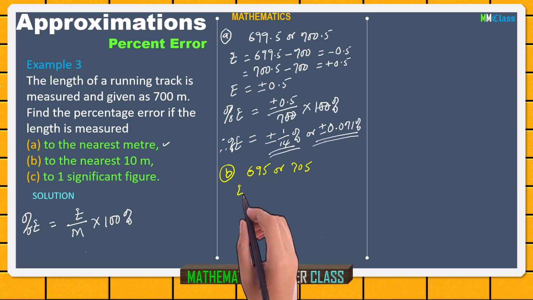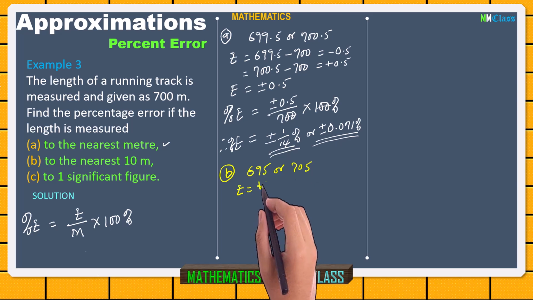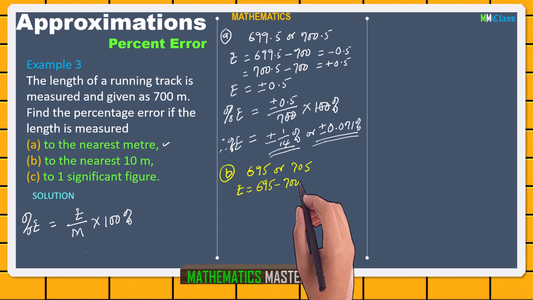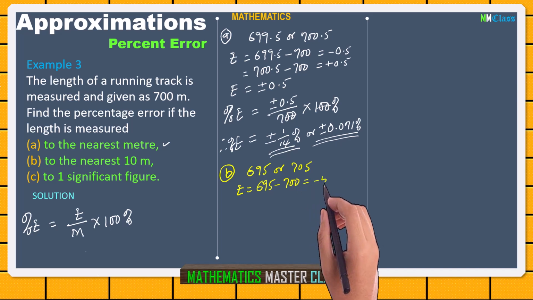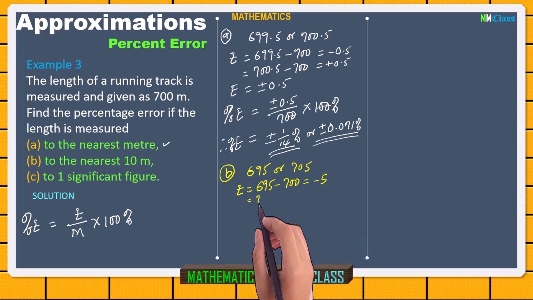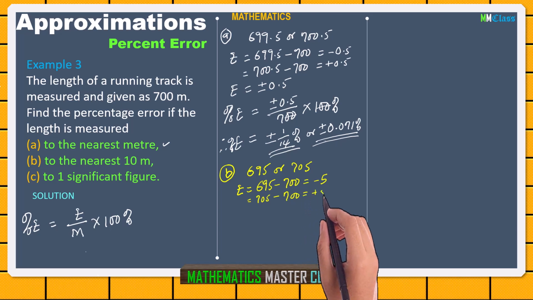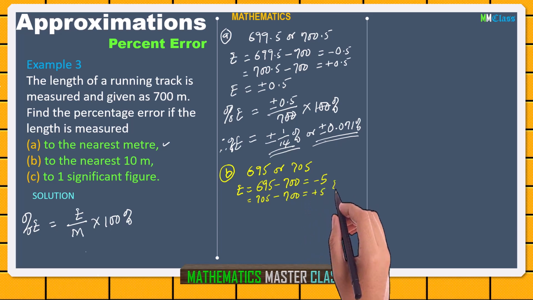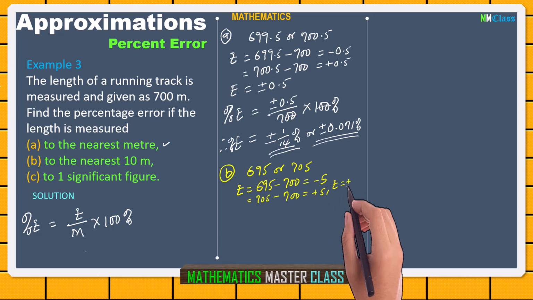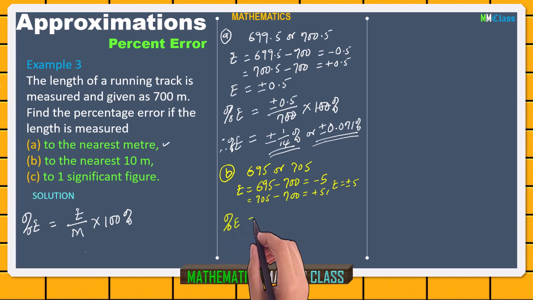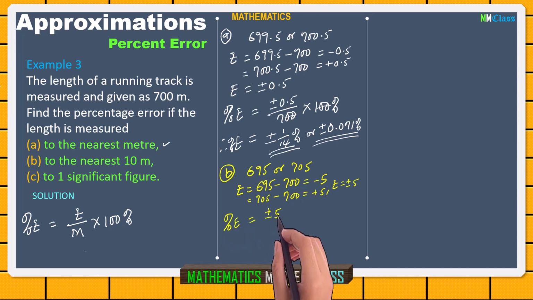So our error in this case will be equal to 695 minus 700, and that will give us minus 5. Again, 705 minus 700 will give us plus 5. So our error in all is equal to plus or minus 5, so that our percentage error will be equal to plus or minus 5 over 700 times 100%.